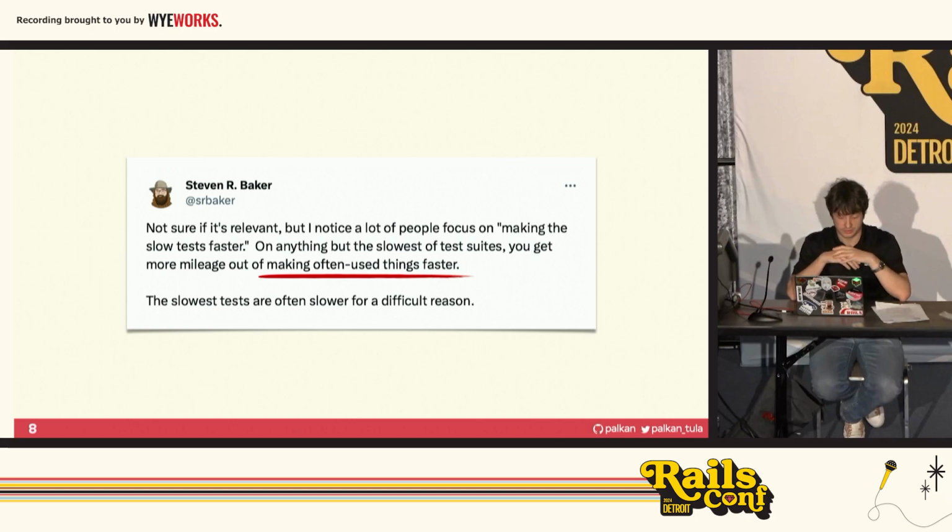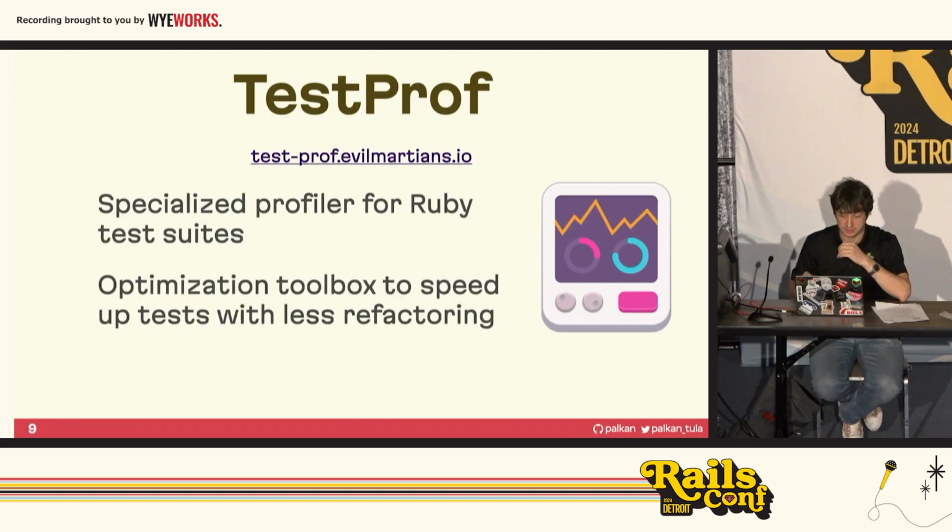And that leads to the situation when we need a specific profiler for tests, and that's TestProf, which we're going to use today. That's why it was created and has been used for years by Rails applications mostly, because dealing with tests is a bit different from dealing with production code. There are some patterns that are pretty common but still hard to find, and we need some tooling to help us with that.